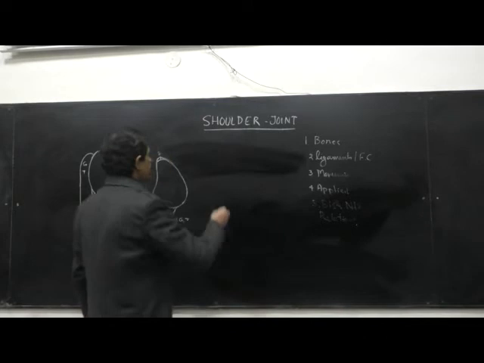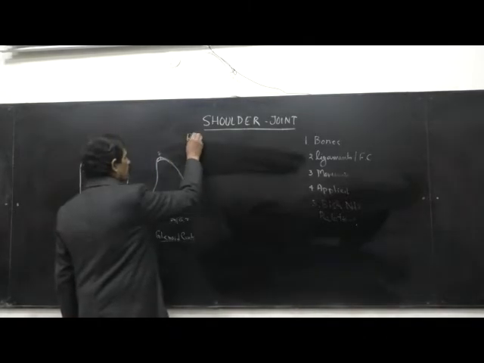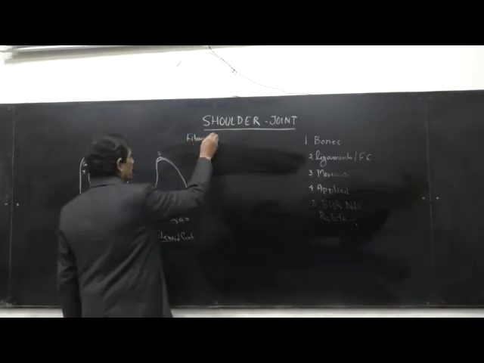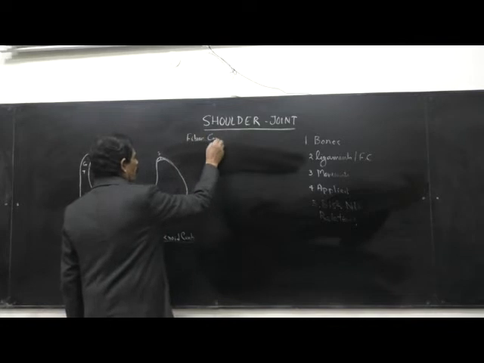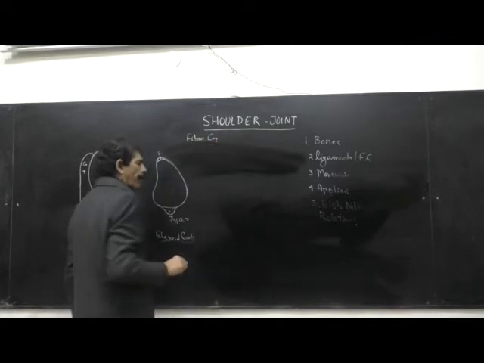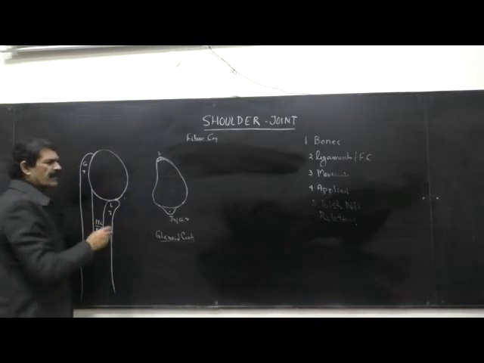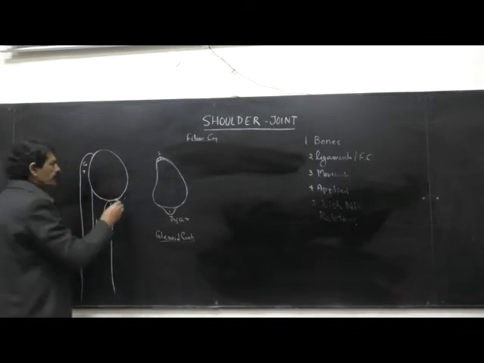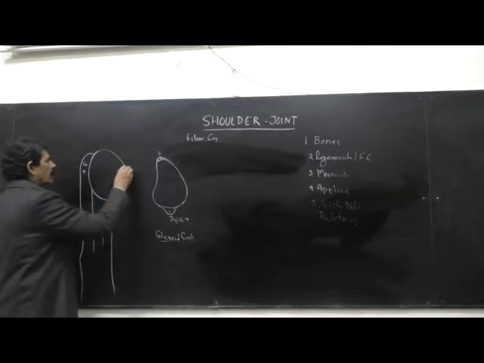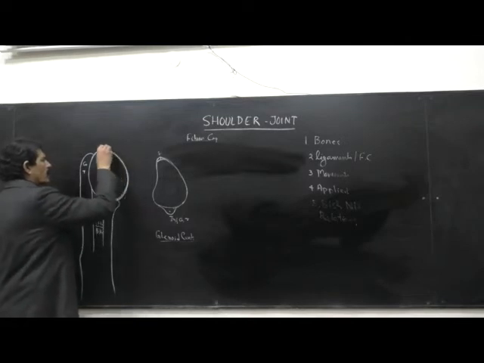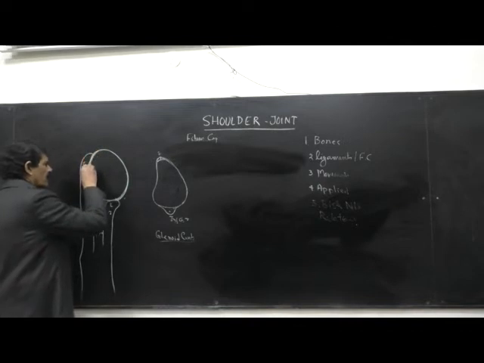So the fibrous capsule is attached first to the humerus. It is attached circumferentially over the anatomical neck of the humerus, but it is interrupted here.